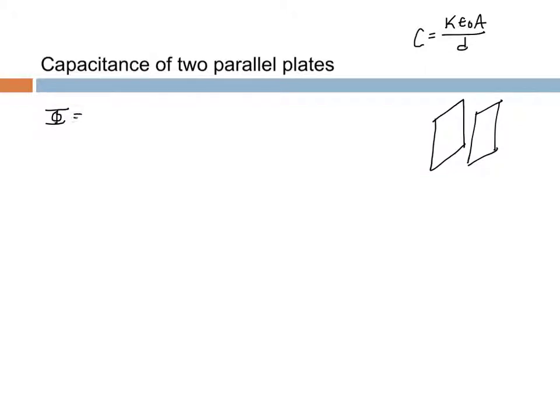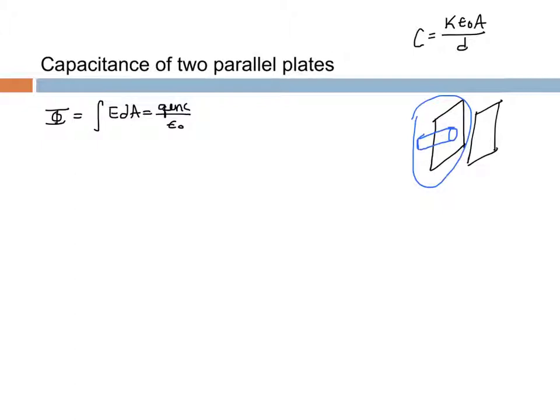Again, starting with Gauss's law, we say the integral of E dA is equal to charge enclosed over epsilon naught. So what I'm going to do first is look at Gauss's law for just one of the sheets. I have a shape, and it can be any shape, but most commonly you'll see this as a cylinder.